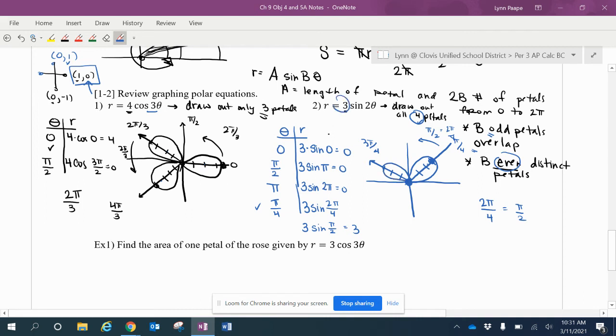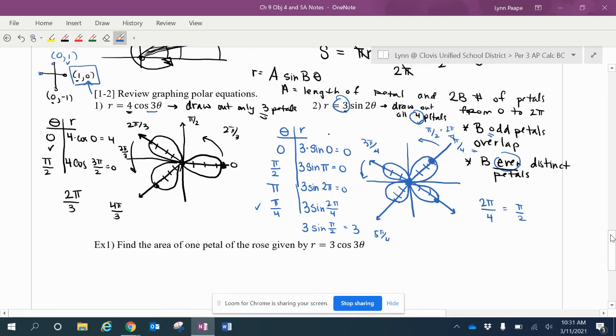And again, that's because there's the 3. And then I'm going to go another 2 pi over 4. So that will put me at 5 pi over 4, out 3 units. Man, these graphs are horrifying. Okay. And then another 2 pi over 4. So that would be at 7 pi over 4. And again, pretend there is beauty and symmetry in my polar graph.